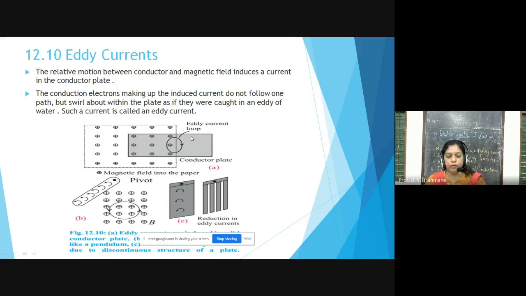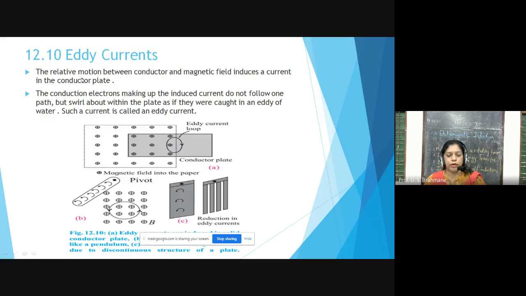You know, sometimes in the sea we can see turbulent motion, a whirlpool. The same thing happens here when this conductor plate is placed in a changing magnetic field. Either the magnetic field is taken away or brought in front, and the magnetic field you can have because of the magnet, isn't it?